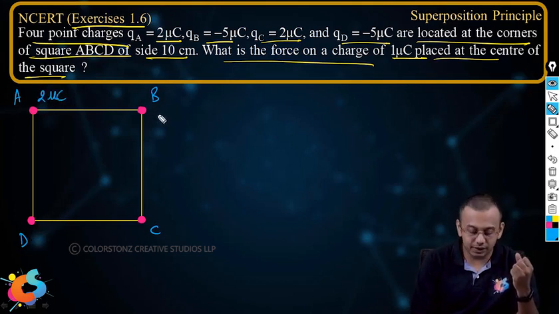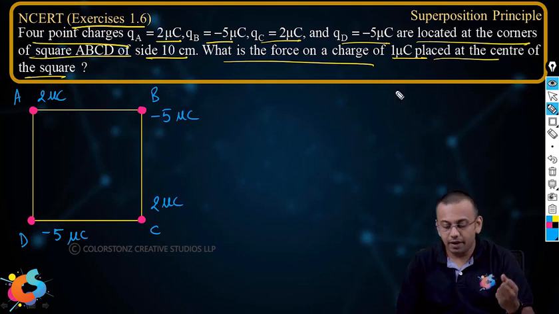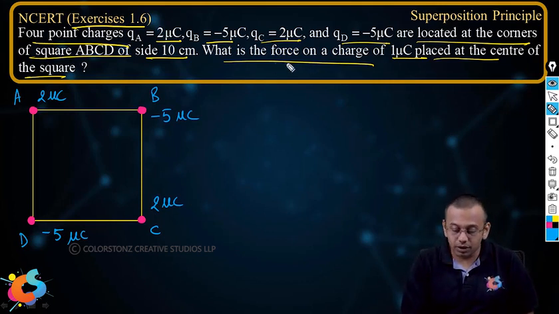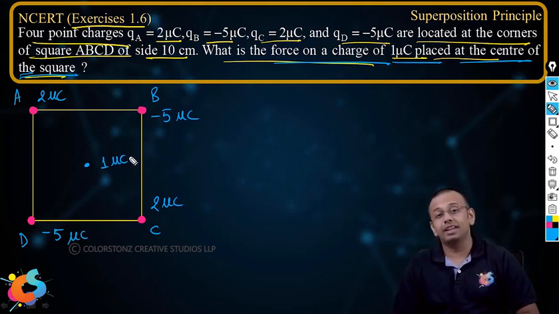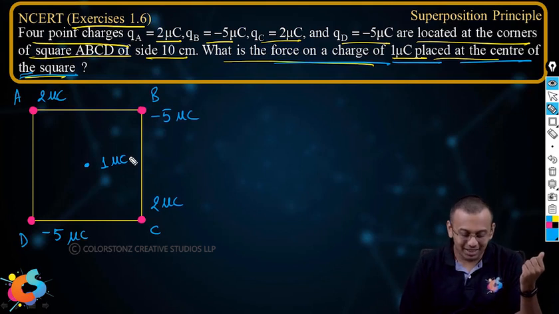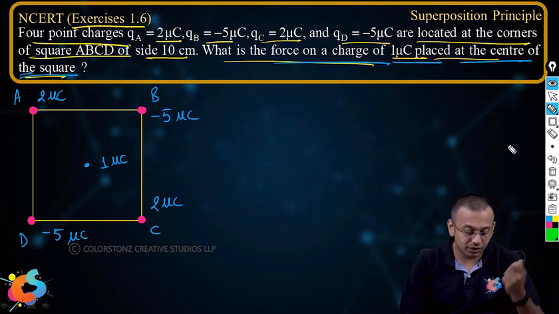B is minus 5 microcoulomb. C is again 2 microcoulomb. D is minus 5 microcoulomb. We have to find what will be the force on a charge of 1 microcoulomb placed at the center of the square. So if I take a charge here which has charge 1 microcoulomb, then what will be the force on it? Let's analyze this force and try to find out what that force will be.